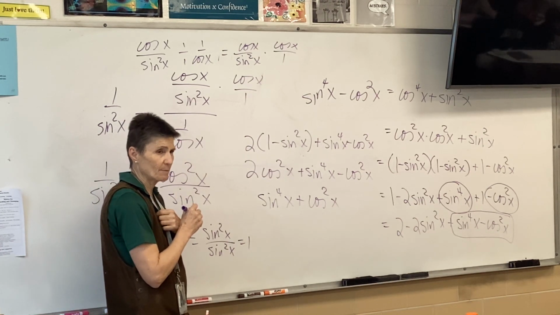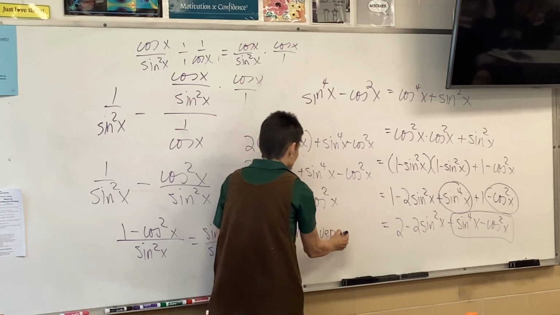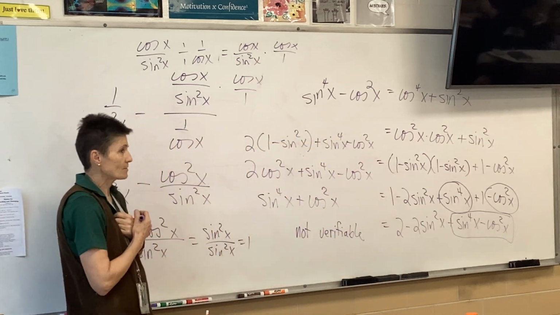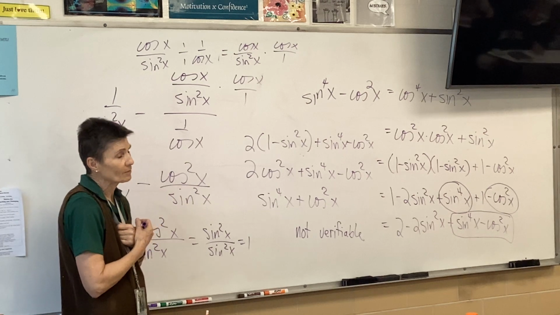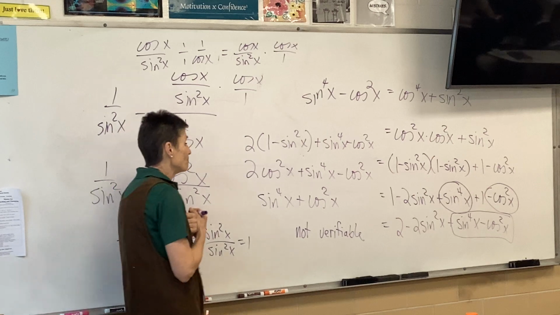And what do I need it to be? There's an example of a non-verifiable, that's not an identity. That is not an identity.